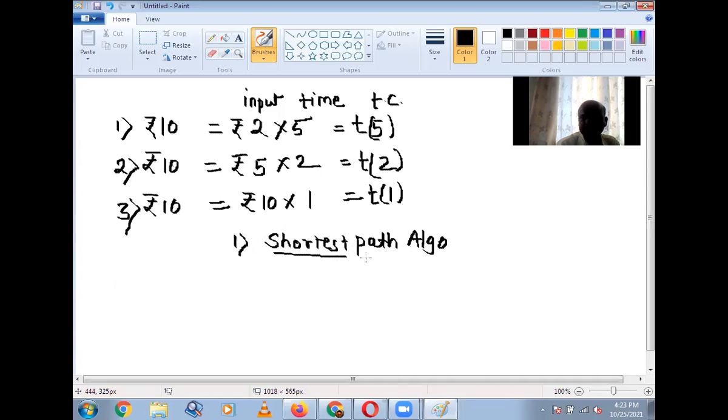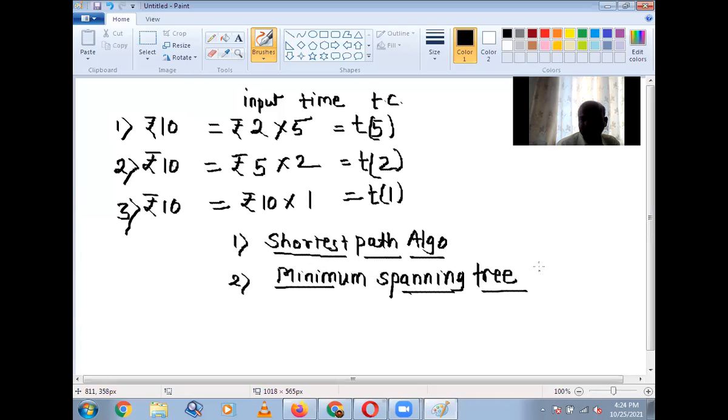Then second, minimum spanning tree algorithm.